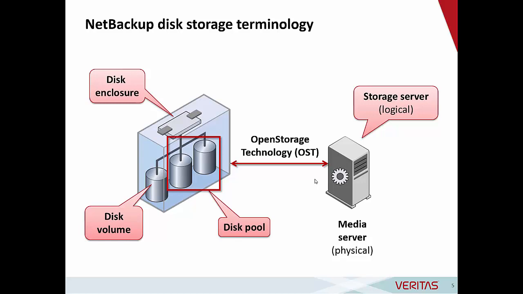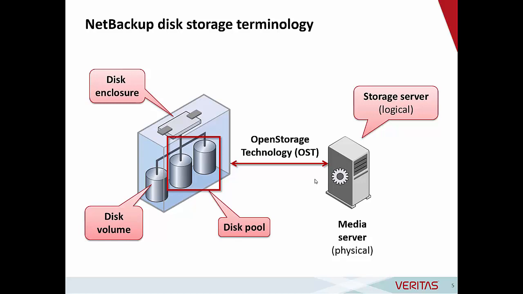Now, NetBackup has taken some of these disk volumes, looks like 2 in this example, and pooled them together into a disk pool. And again, the disk pool will be a single destination for backups. So any disks that I pool together get set up as one storage unit in NetBackup. And in this example here, this looks like an example of an advanced disk pool, because we see that there's a NetBackup media server that is zoned to this enclosure, probably across the SAN. And then we see that this media server is acting as the storage server.